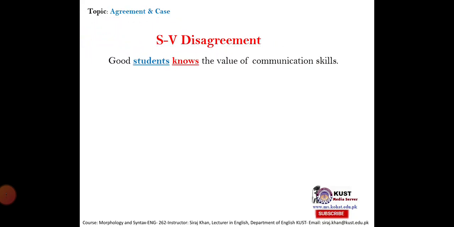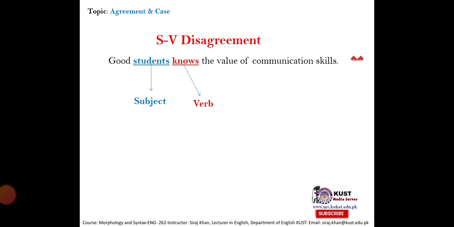Subject verb disagreement. Now this disagreement: good students knows the value of communication skills. The same example, but we have made some changes. Good students knows the value of communication. So here students is the subject, which is plural, and knows is the verb.